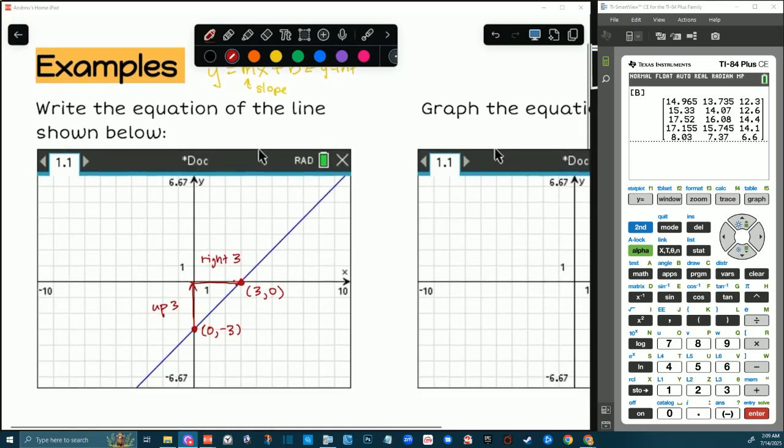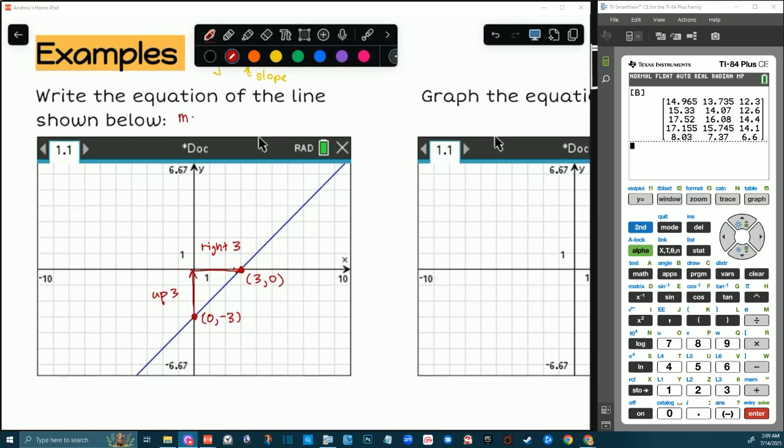So my slope is rise over run, 3 over 3, which is 1. The next thing I need is my y-intercept, which is where the line crosses the axis, and I can see that that's right here. And the y-coordinate at that point is negative 3.